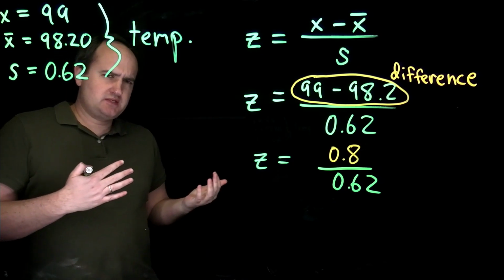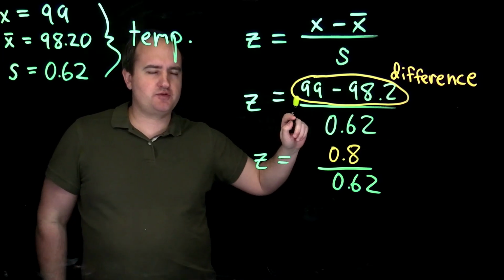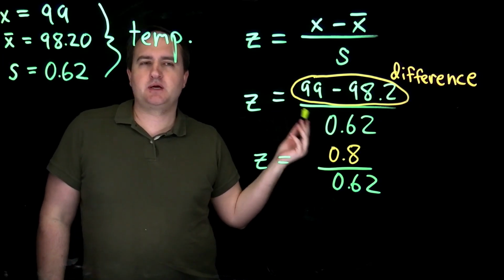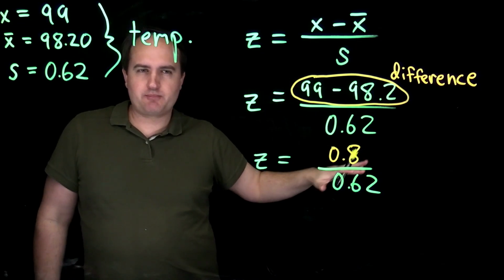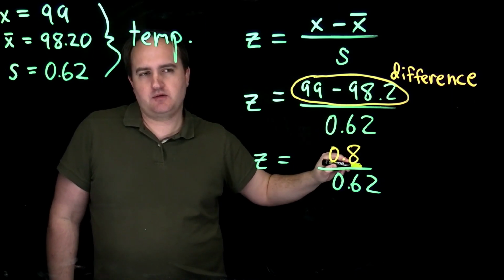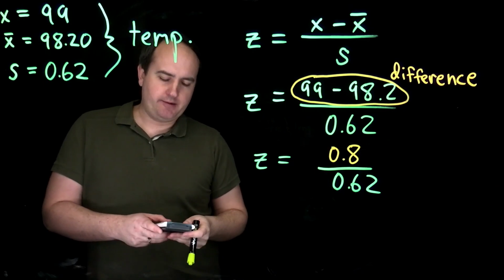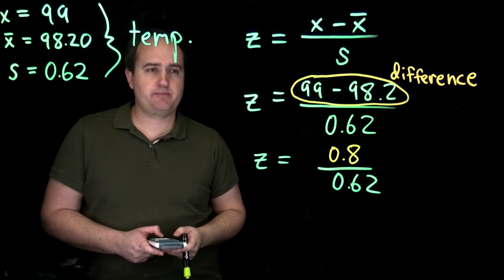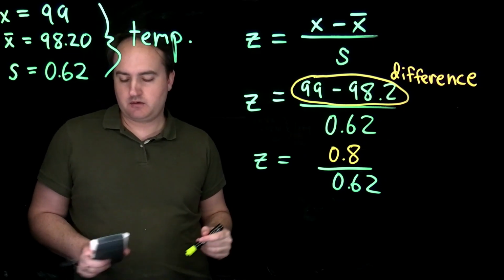I think the reason on our Pearson homework that they have you do the difference first is to make sure you're doing your order of operations correctly. First you subtract, which gives you the difference, 0.8, and then you divide. So we do 0.8 divided by 0.62 on our calculator.